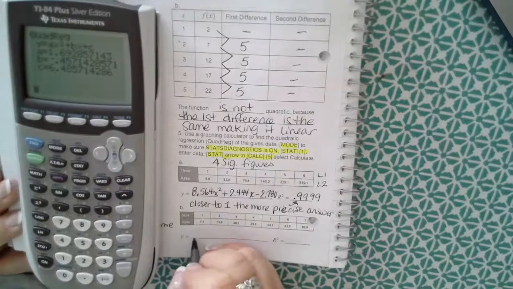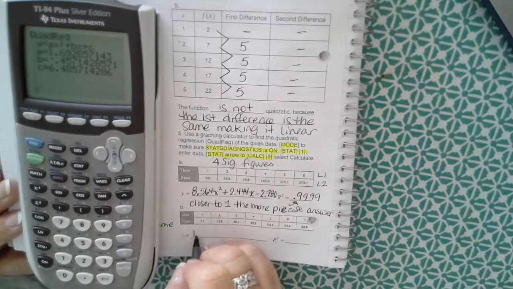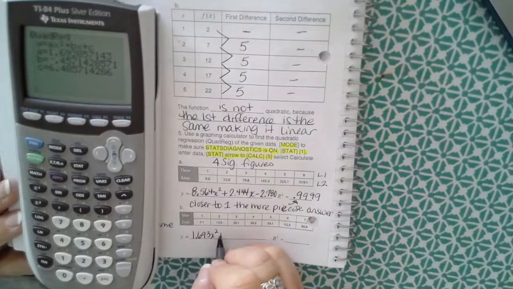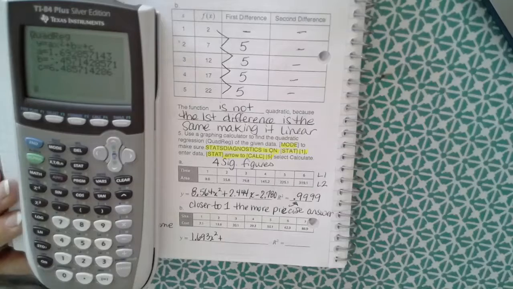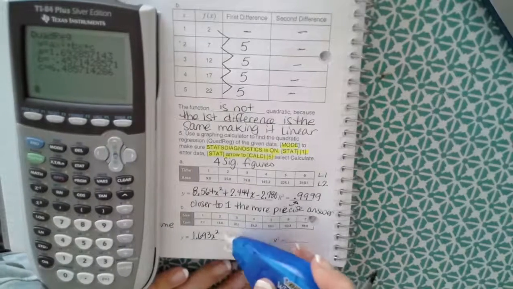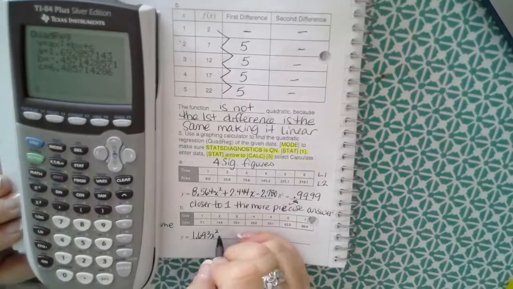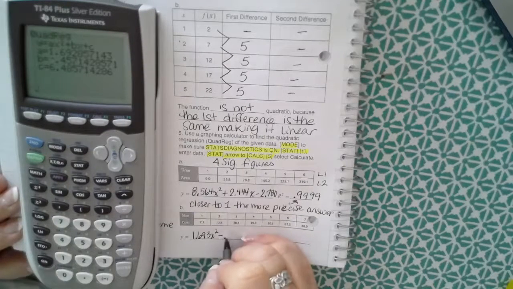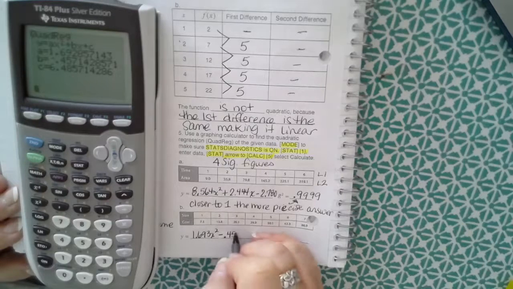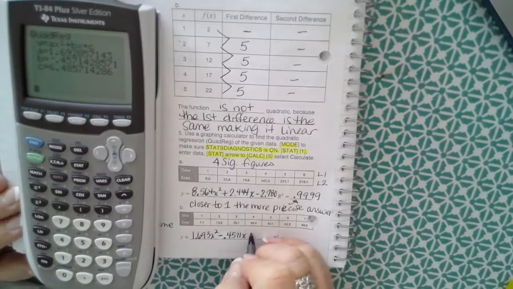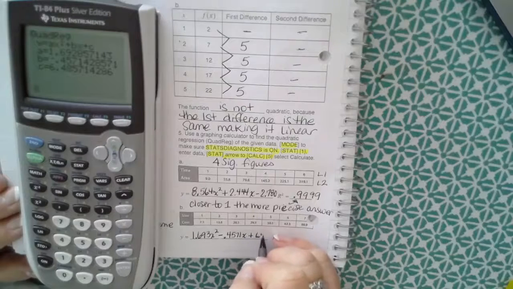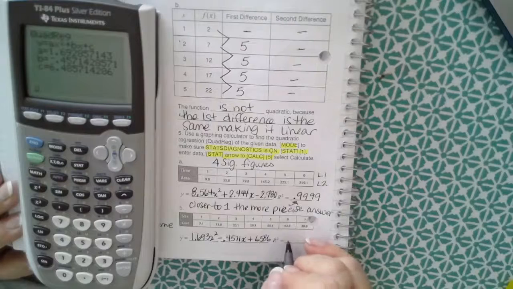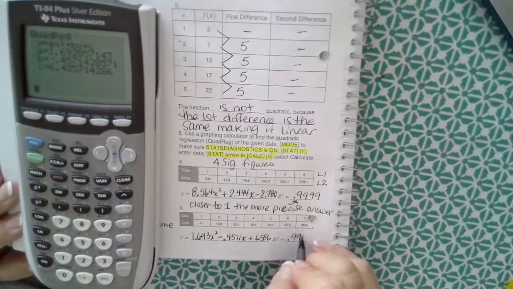So if I write it, y equals 1.693x squared minus, because b is negative, 0.4571x plus 6.486. And the r-squared value you should get there is 0.9946.